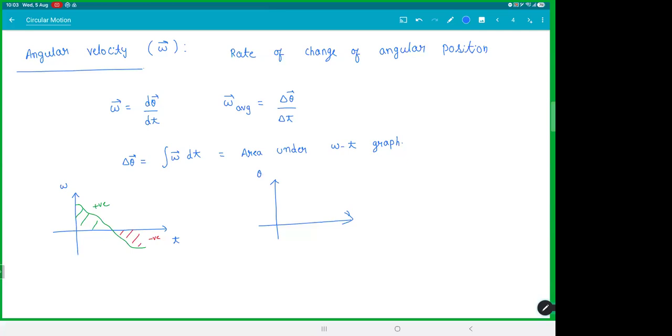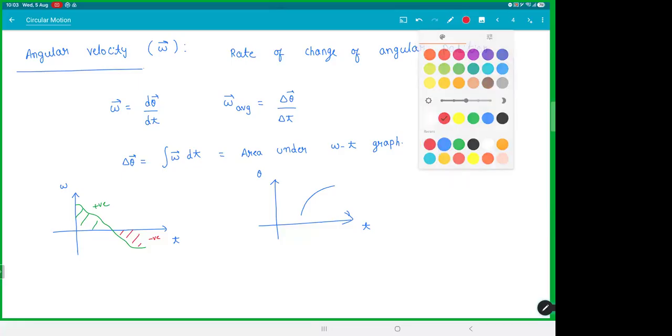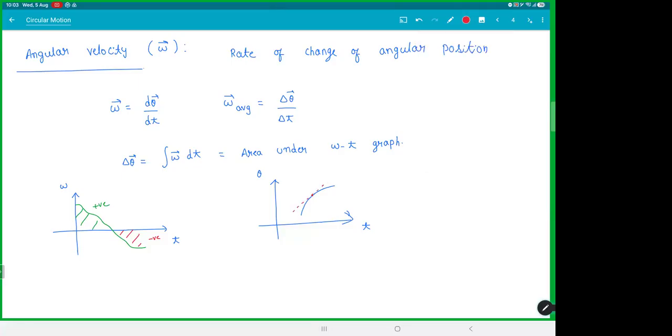So that means we also have something called angular acceleration. You'll see that later on. If you have a graph like this, the slope will give you d theta by dt. So in a theta-time graph, slope is nothing but angular velocity. All clear so far?